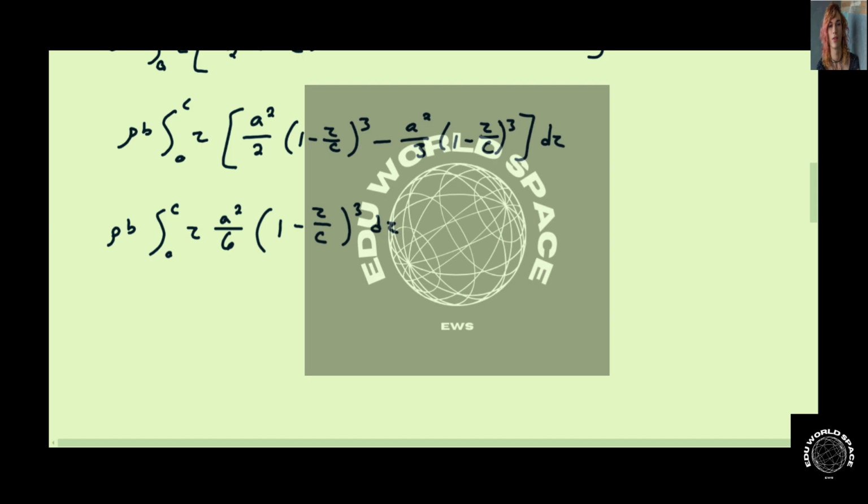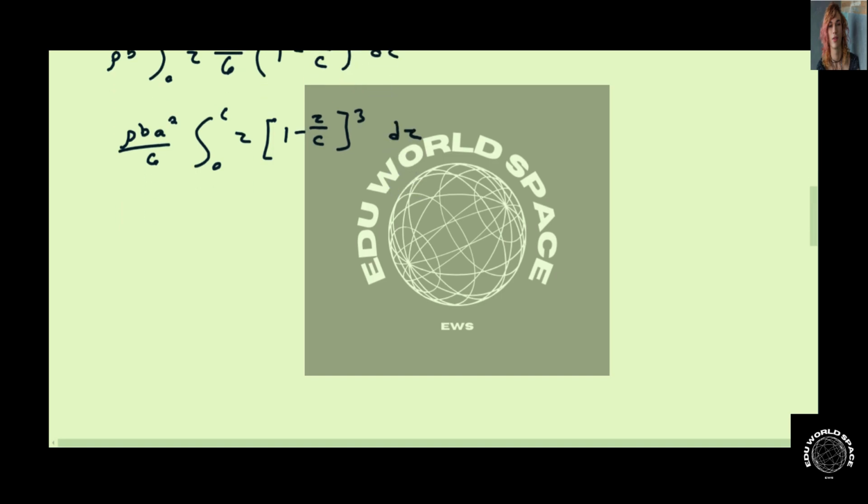Okay. So now what we can do is take out what we don't need. So we have pb a squared over 6, c to 0, z, (1 minus z over c) cubed, dz. And we're just going to FOIL this out so that we can simplify it. So we have 1, obviously c over z.